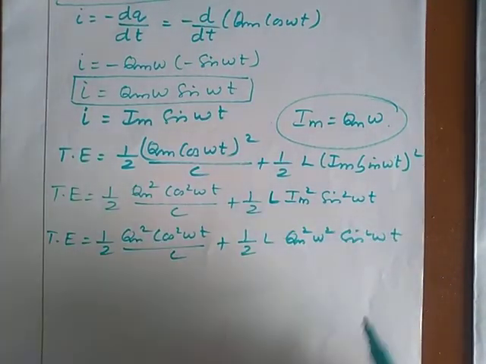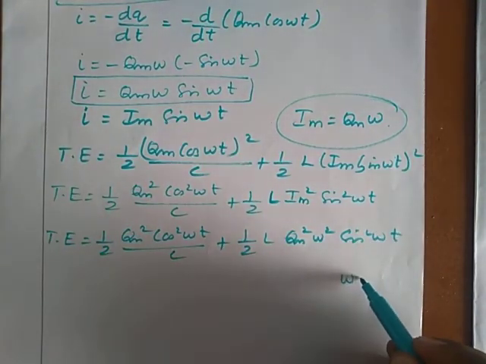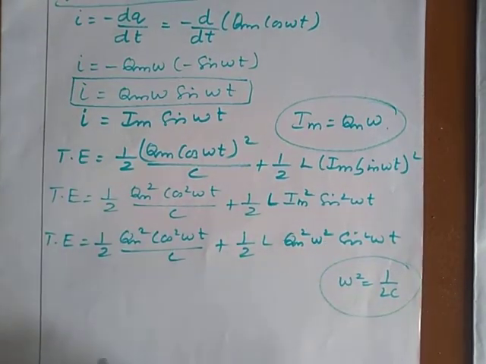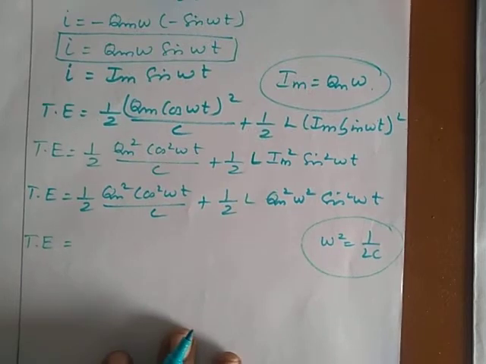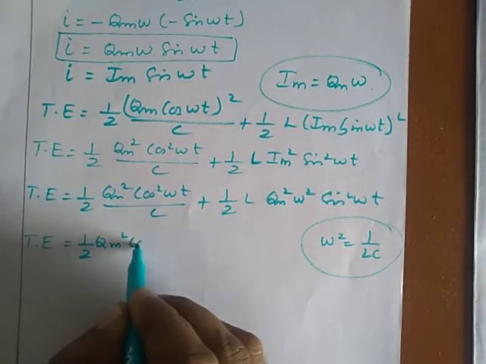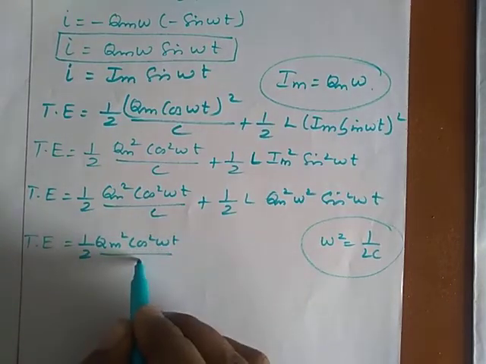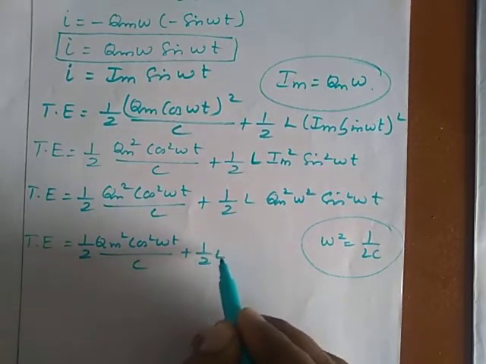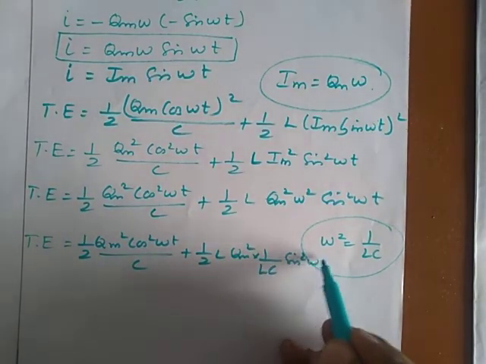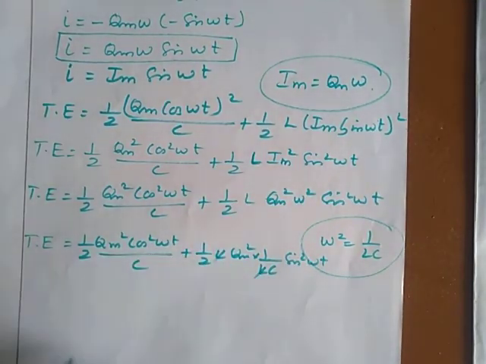We know omega is the angular frequency, and omega square is equal to 1 by LC. Substituting in this expression, the total energy is equal to 1 by 2 Qm square cos square omega t by C plus 1 by 2 L Qm square times 1 by LC sin square omega t. Here L cancels.